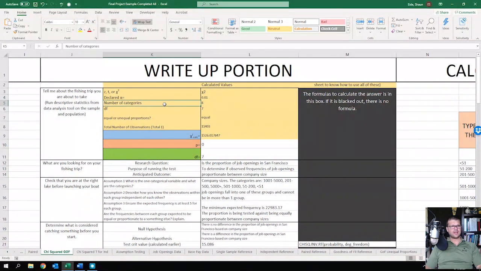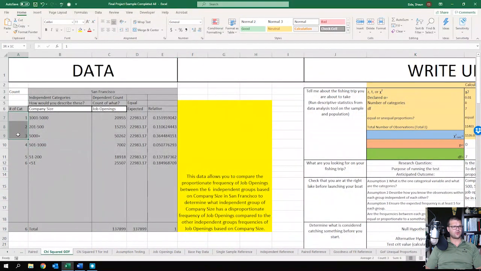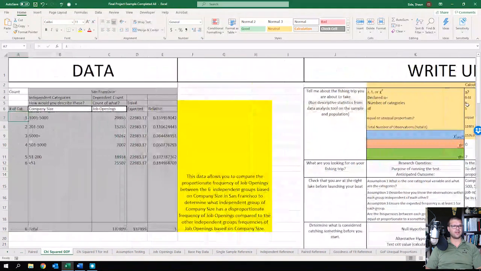Next question, how many categories do you have? Come right over here and you'll see, okay, we've got 1, 2, 3, 4, 5, 6 categories. Only 6 categories. I don't know why it says 8, but we've got 6 categories. And the degrees of freedom is going to be 5. Let me explain that. The degrees of freedom is going to be the number of categories minus 1.